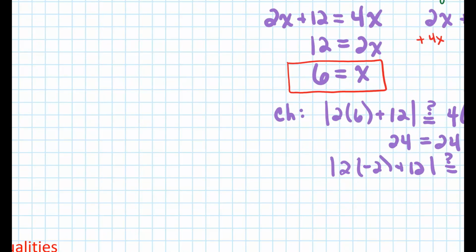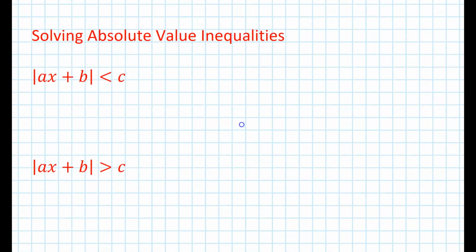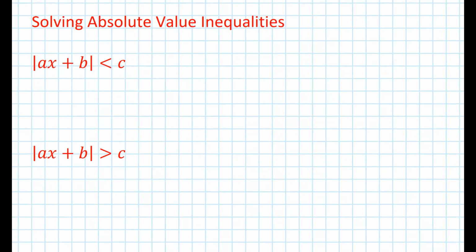So now let's move into the inequalities, which are very similar. The only thing that's changing here is that rather than being equal to a value, we are looking for an interval of values.